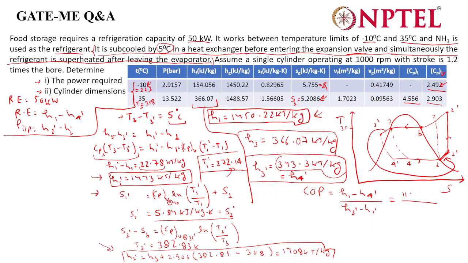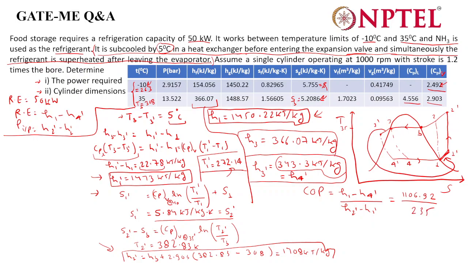1106.92. Next, H2 dash minus H1 dash. H2 dash is this value and H1 dash is this value. I think it is 235, right?